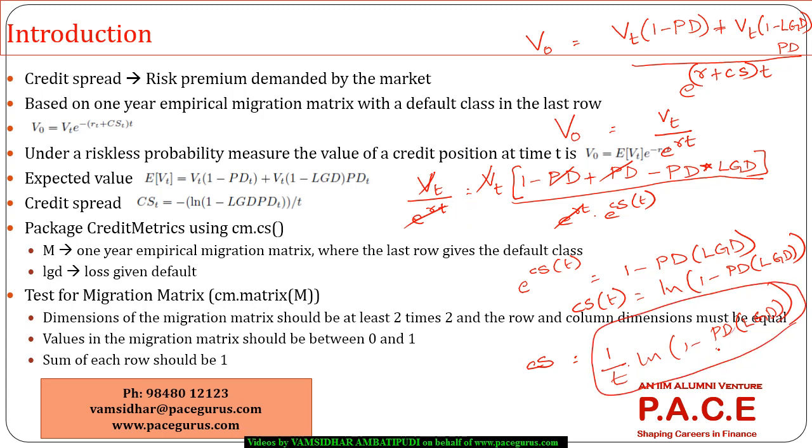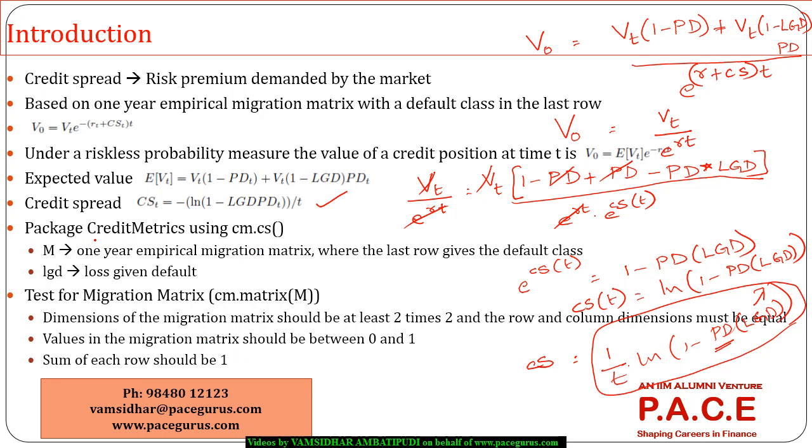Now the probability of default is coming from my transition matrix. We have seen that for each of the levels, what is the probability that it is going to default. For the LGD I have to specify the loss given default. Once I specify this, I can get the credit spread that is associated with each of the rating levels.